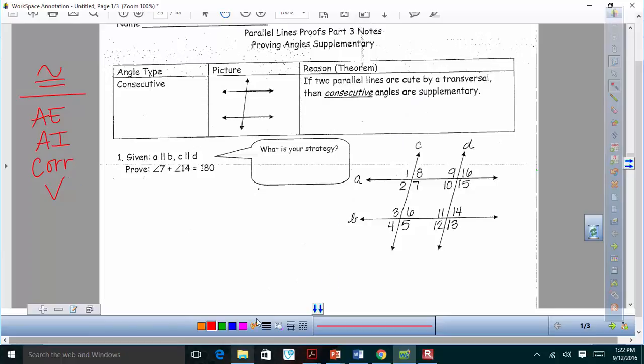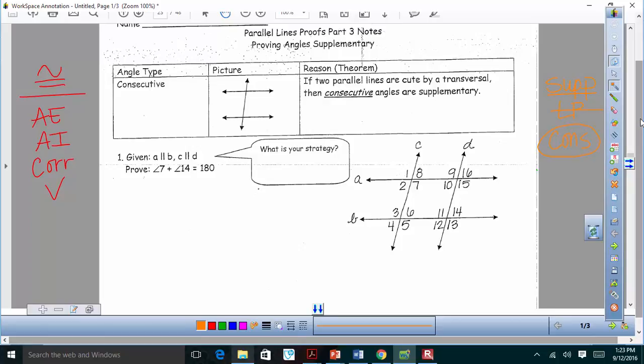Now, what angles are supplementary? Okay, linear pair and consecutive. Okay, today for our supplementary proofs, we're always going to want to focus on consecutive. So we're looking for consecutive angles today.